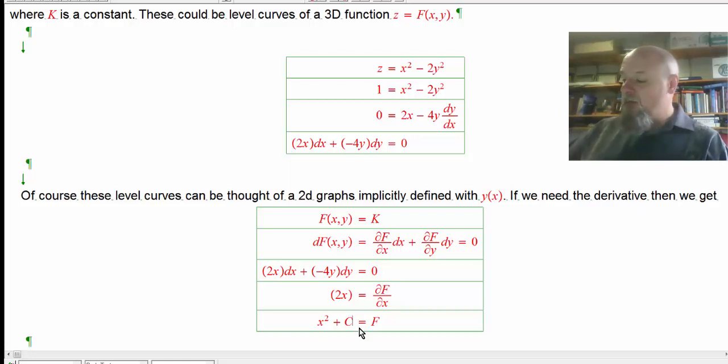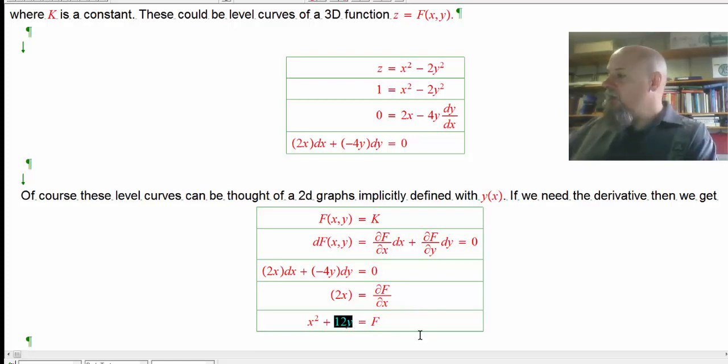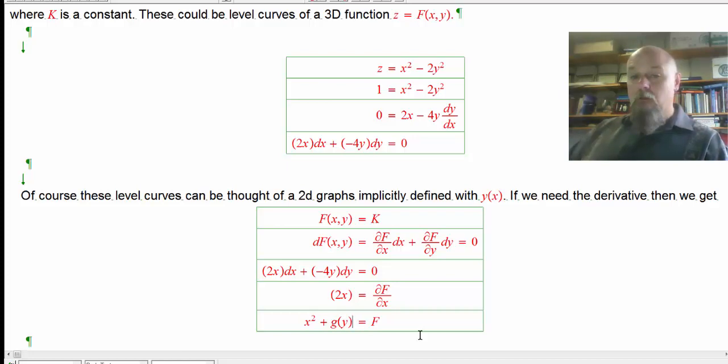Or it could be a function, right? It could be 12y, and when you differentiated x squared plus 12y with respect to x, the 12y disappeared. I don't know. So I can't just put a constant. It must be equal to some function of y, and I don't know what it is.